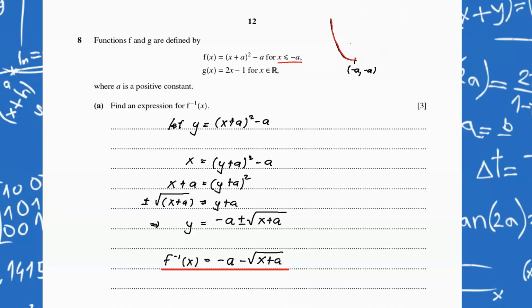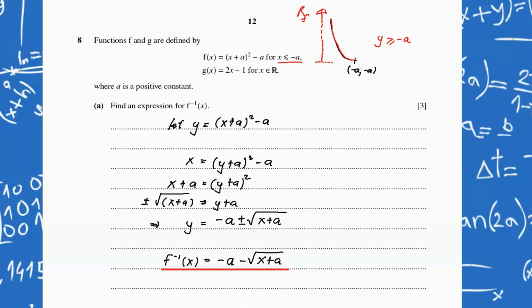Okay, and the range is the set of y values. So from the minimum point going up all the way to infinity, that is the range of the original function. So the range is values of y that are greater than or equal to -a.